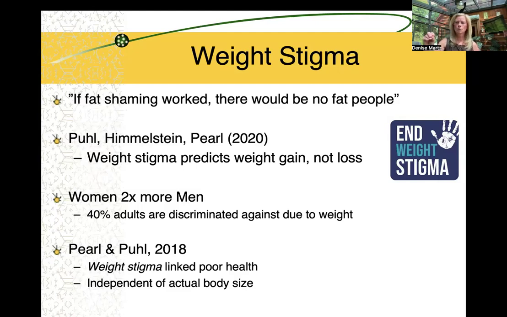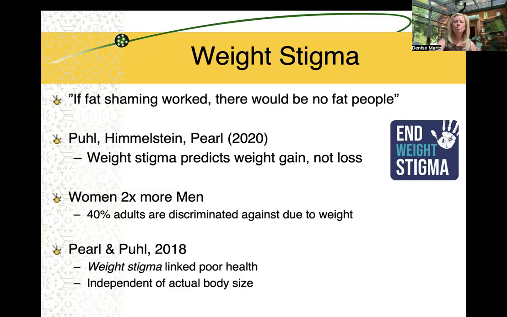If fat shaming worked, because there's so much fat shaming going on in our culture, there would be no fat people, because this is very painful to be the recipient of for individuals with larger bodies. And if that kind of stinging stigma was motivation for them to lose weight and get smaller bodies, a lot of people would have done it.